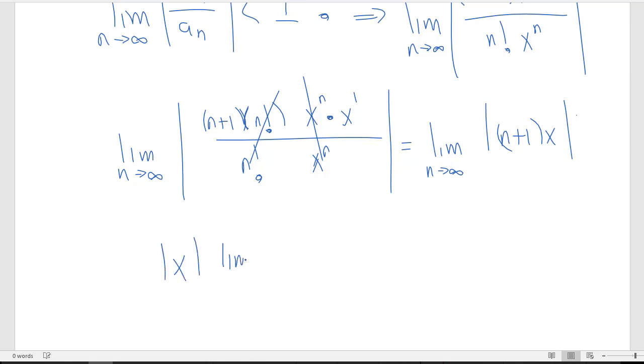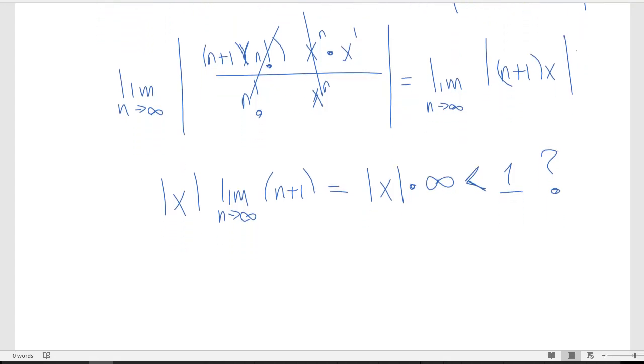So that's in essence constant as far as the n's growing without bound. Now I'm asking, when is this less than 1? So what is this limit? So n plus 1 as n goes to infinity goes to infinity. And I'm asking, where is that less than 1? Right? So what values of x make this less than 1?